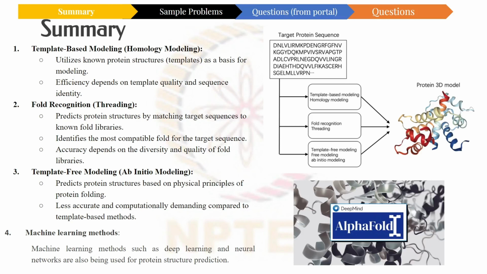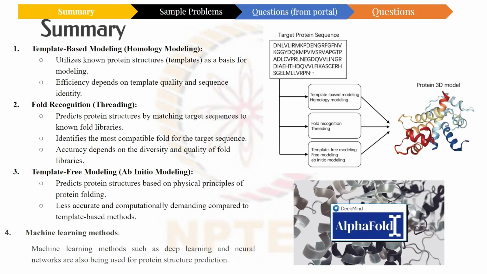This method relies on the assumption that protein structures are more conserved when their sequences are conserved, like similar. Therefore, two proteins with similar sequences are likely to have similar structures. The homology modeling method requires a template structure with high sequence similarity to the target protein and can generate accurate models when the template is of high quality.